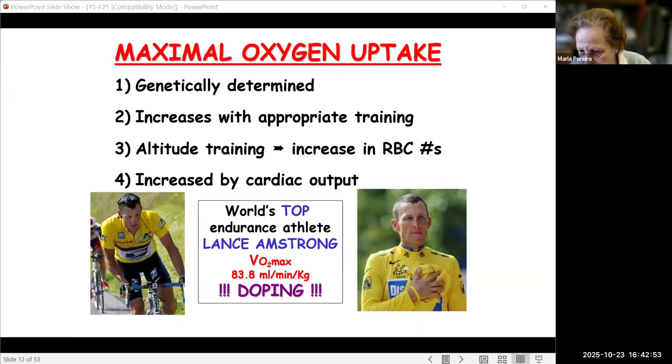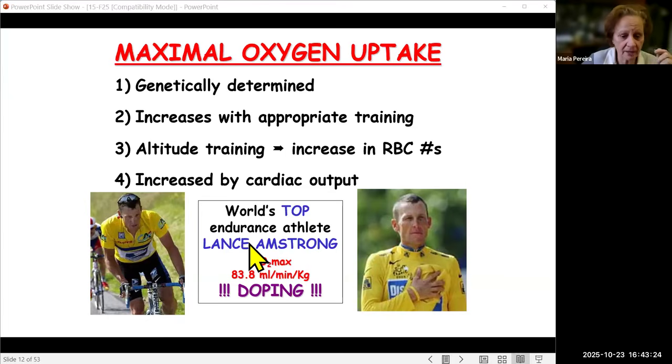Okay, doping. I'm going to explain that. Some of you might be very young and never have heard of Lance Armstrong. Lance Armstrong is an American athlete that won 7 bicycle races that are the most famous in France, right?